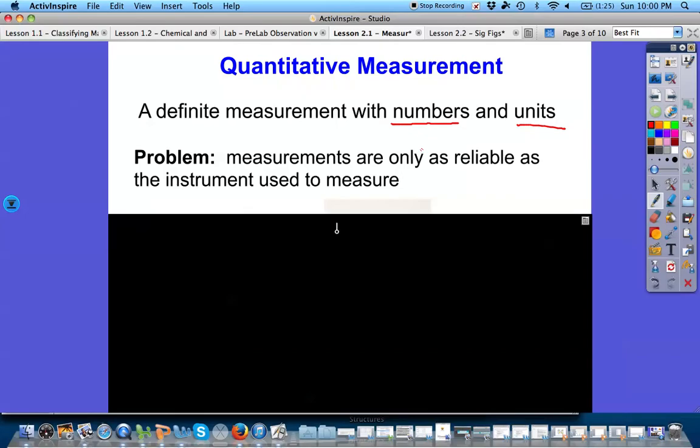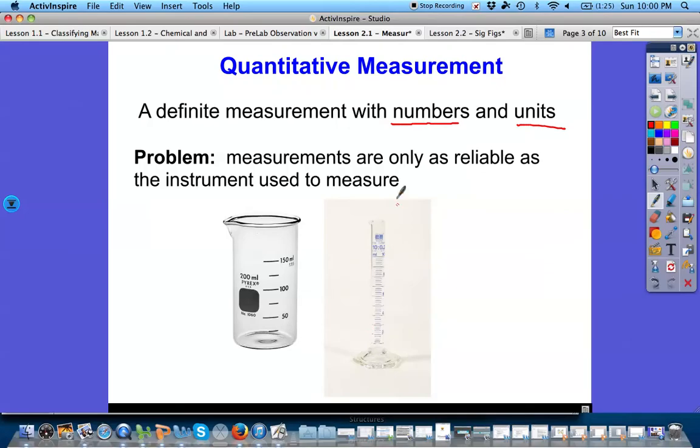The problem with quantitative measurement is that the measurements are only as reliable as the instrument used to measure with. So we have a beaker and a graduated cylinder. The beaker is a 200 milliliter beaker, and you can see these markings, or graduations, at every 25 milliliters.